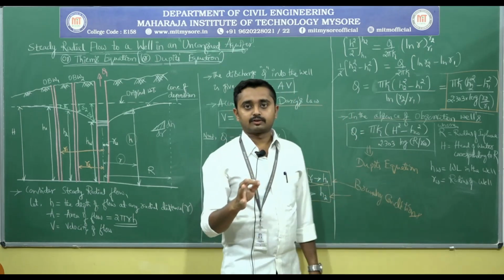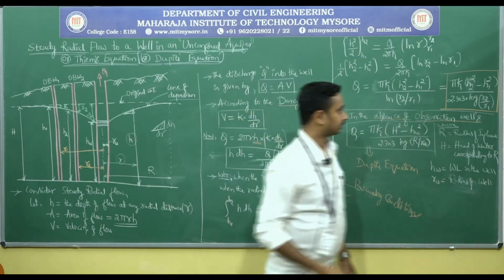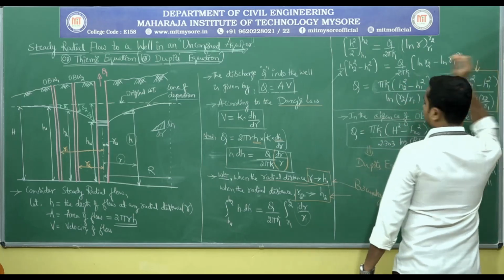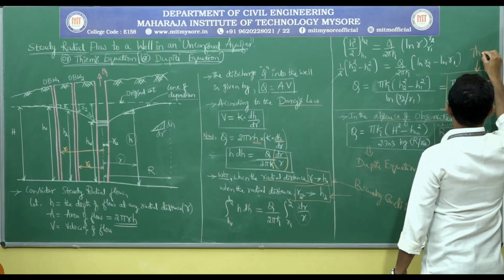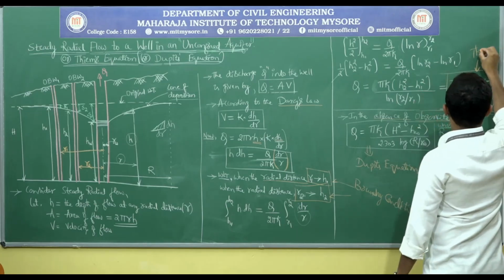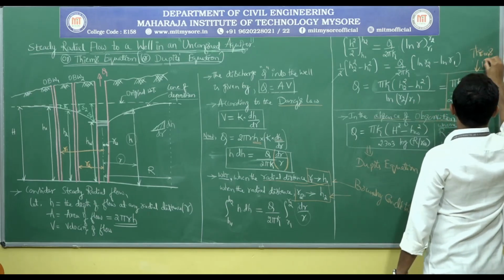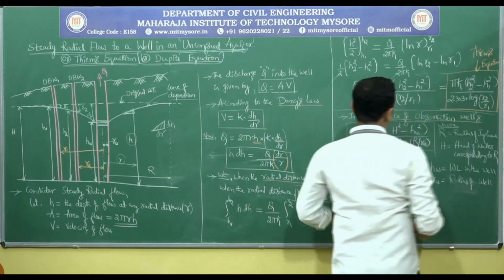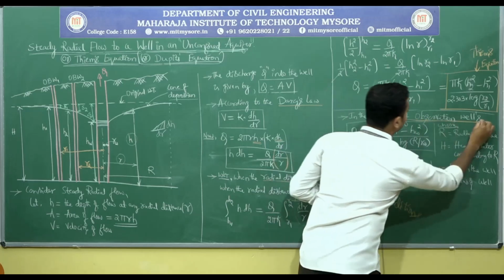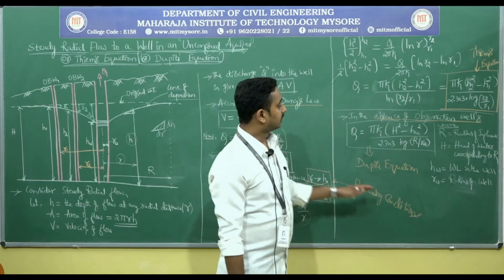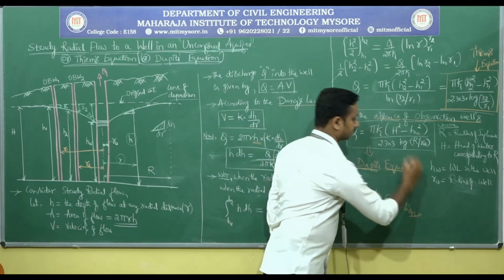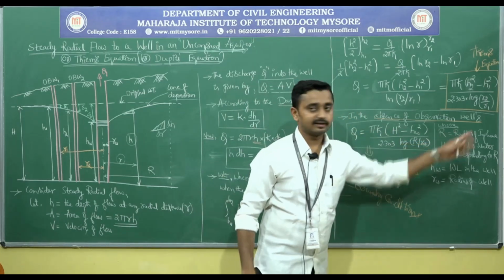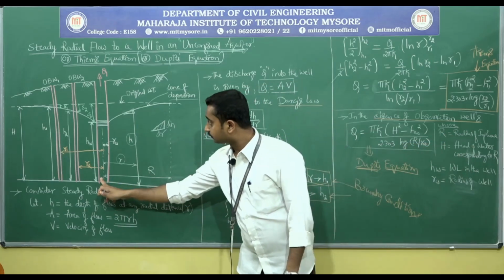If there is an observation well, then this is Thiem's equation for steady radial flow in an unconfined aquifer. If there is no observation well, then this equation is called Dupuit's equation.